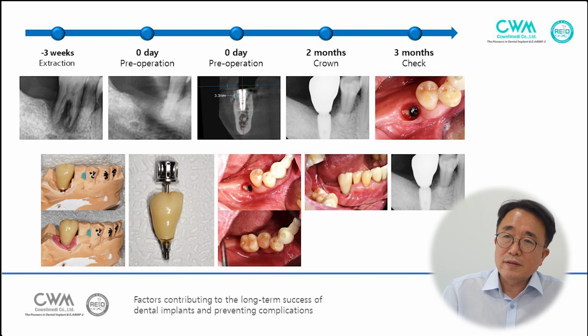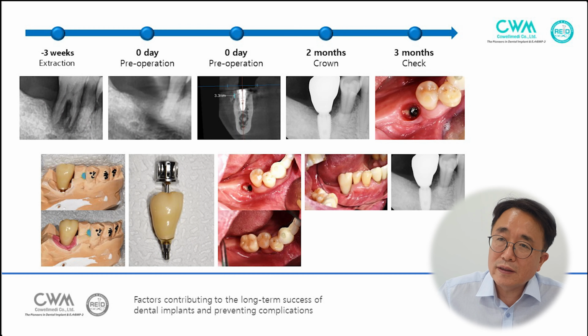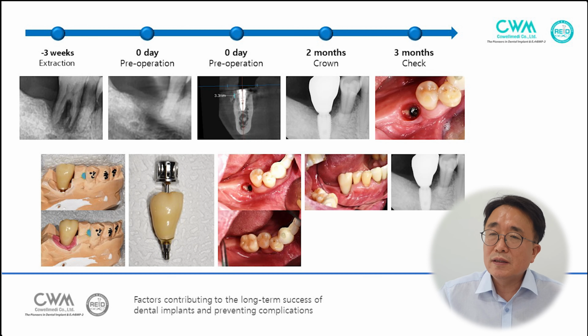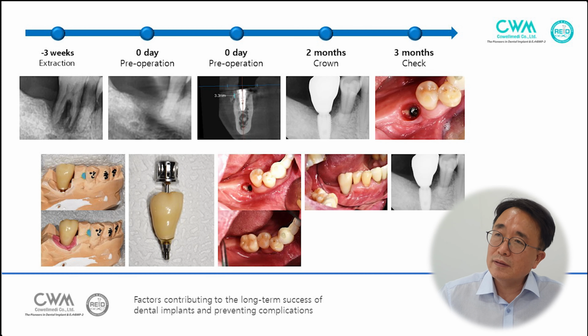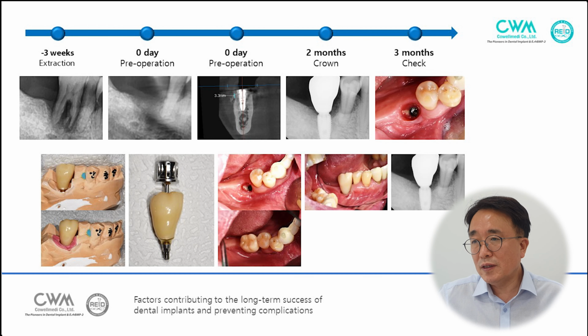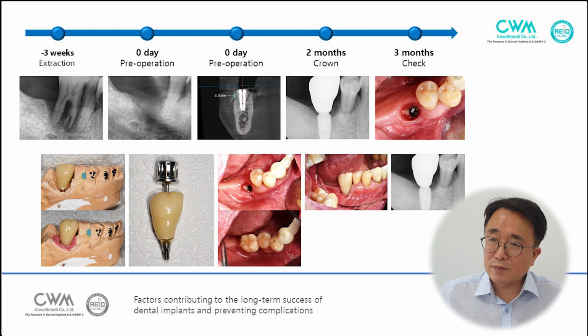Here, the implant's vertical bone height of 3.3 millimeters is grafted, and after 2 months the crown was inserted. After 3 months, we checked this socket and the result. The gingival volume was recovered to the buccal side, and the vertical bone graft was successful.